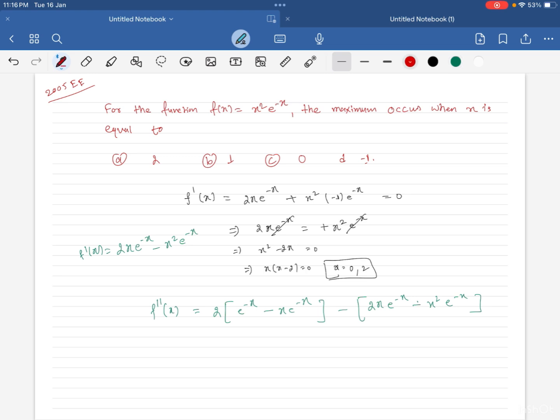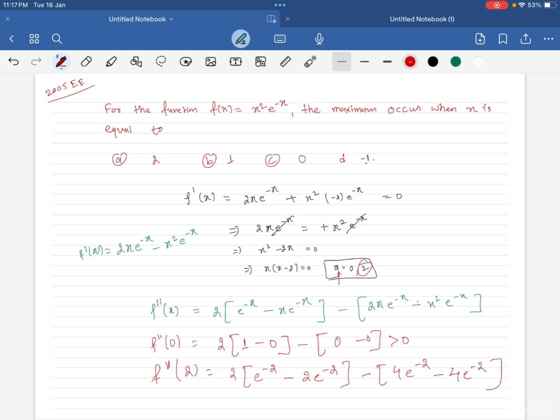Now we can check for x equals 0, so f double dash 0 will be 1 minus 0 minus 0 minus 0, so that is greater than 0. And f double dash 2 will be 2 e to the power minus 2 minus 2 e to the power minus 2 minus 4 e to the power minus 2 minus 4 e to the power minus 2.